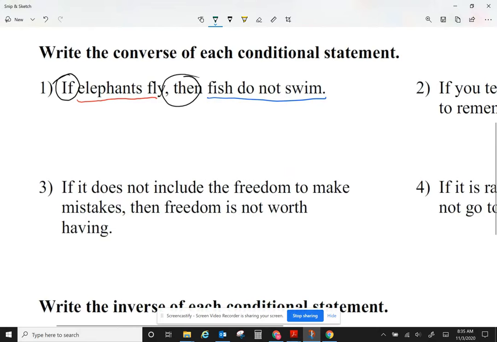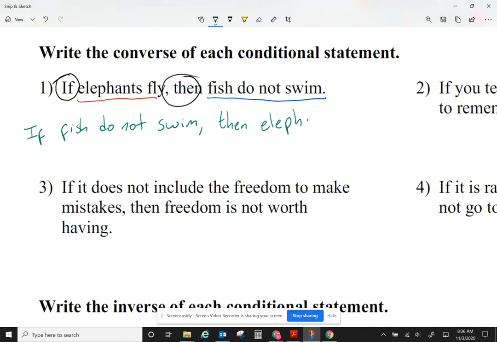So looking at this example, the way I will write the converse will be: If fish do not swim, comma, then elephants fly.